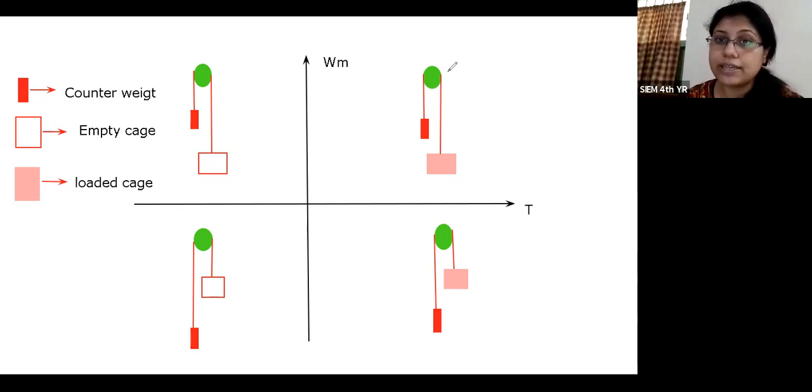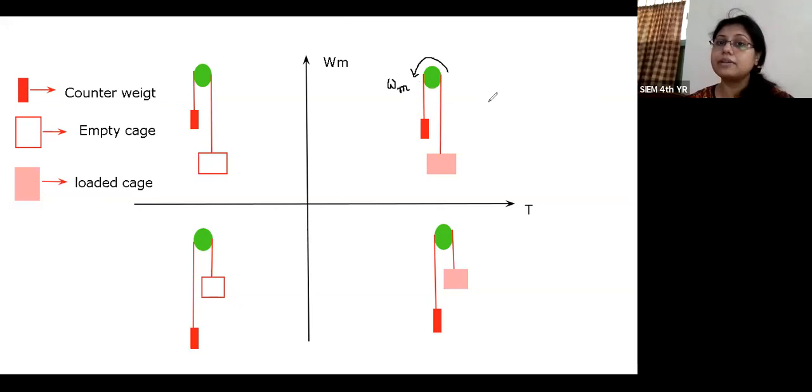So this is the direction of omega m, the angular speed. Now, as we know, the weight of the loaded cage is higher than the weight of the counterweight.